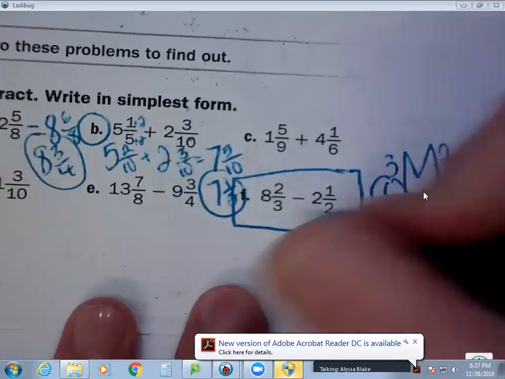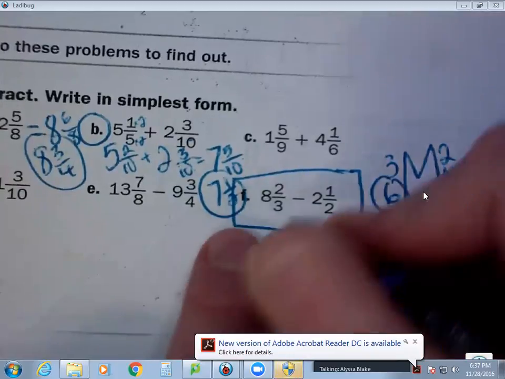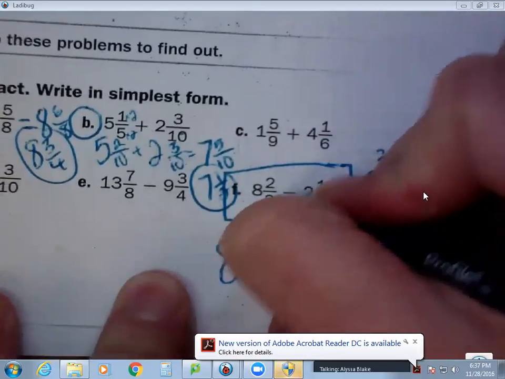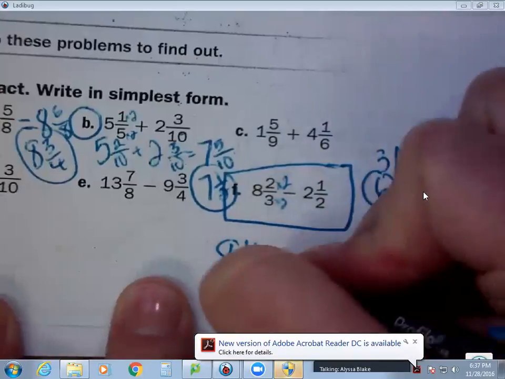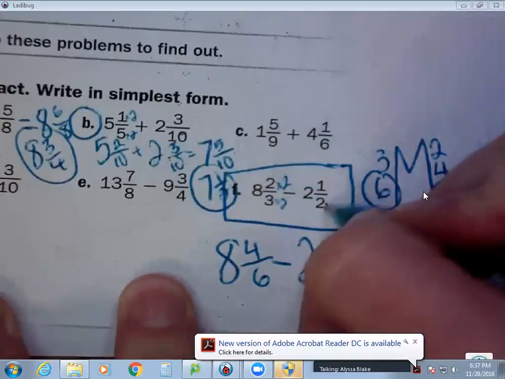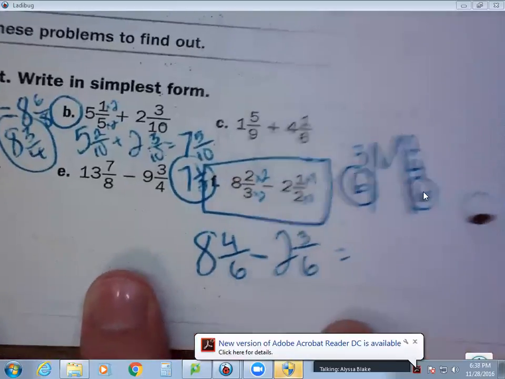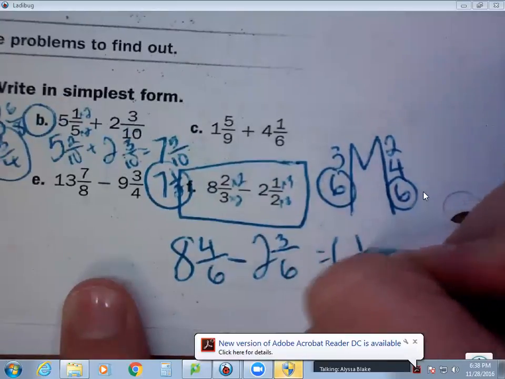And we're going to have to change both of these in this case. So let's change this to 6ths, 8/6. To get 6, we're going to multiply by 2. There are 2 of them here. So that's 4/6 minus 2, and let's multiply that by 3. So I have 3/6. 8 minus 2 is 6. 4 minus 3 is 1/6.